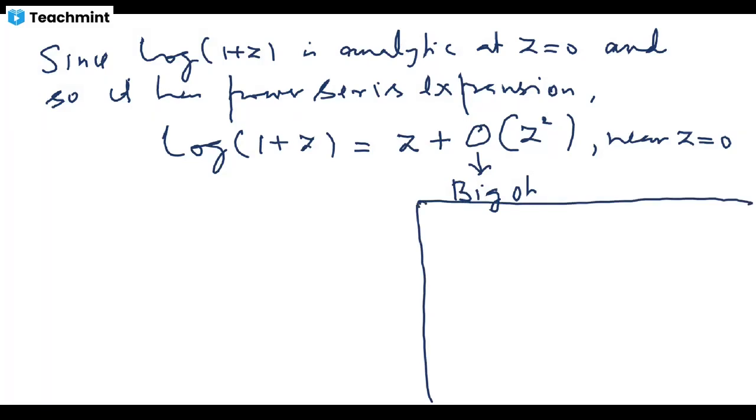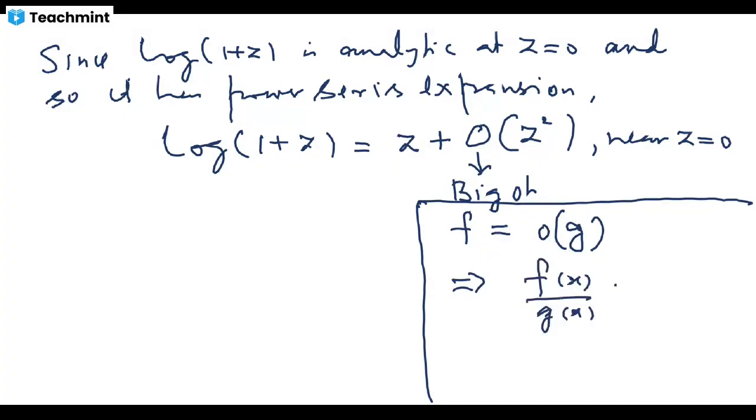We have two functions, f, and we have another function g. If I write function f as big O g, that simply means that f of z upon g of z is a bounded quantity.